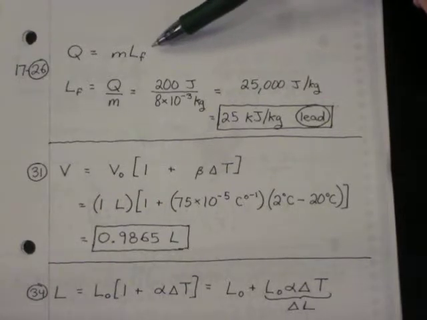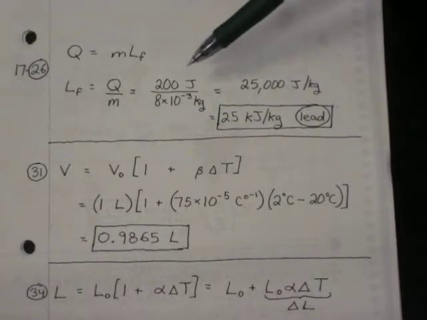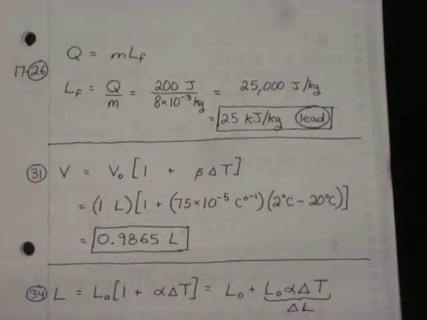We're solving for the heat of fusion, L sub F, equals Q over m. We've got 200 joules divided by 8 times 10 to the negative 3 kilograms. That gives us 25,000 joules per kilogram. You look up on table 17.1 for the one that's closest to it, and you should see that it most closely matches lead.